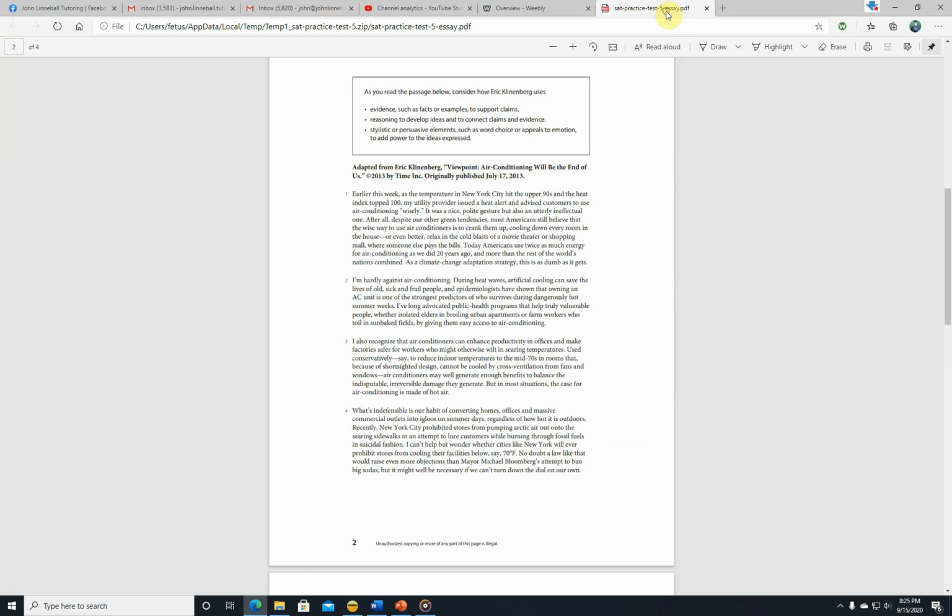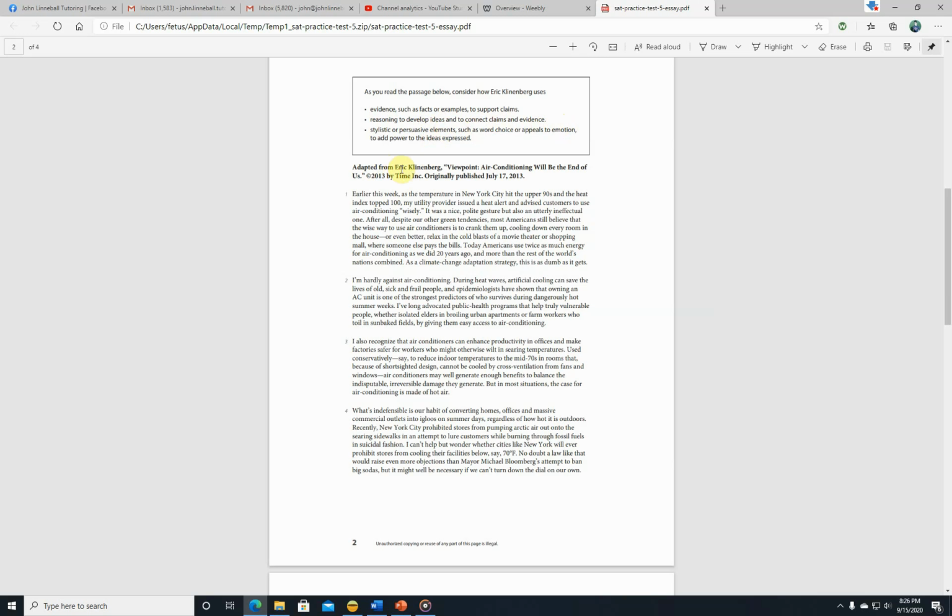So, for example, here are the instructions. As you read the passage below, consider how Eric Kleinenberg uses evidence, such as facts or examples, to support claims, reasoning to develop ideas and to connect claims and evidence, and stylistic or persuasive elements such as word choice or appeals to emotion to add power to the ideas expressed.